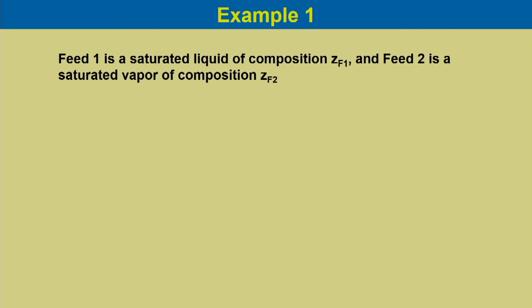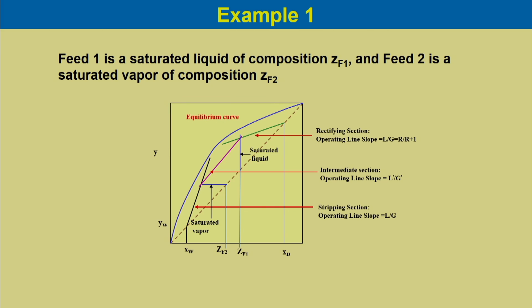We can plot the feed line, that is the Q line. Now, let us consider feed 1 is a saturated liquid of composition ZF1, and feed 2 is a saturated vapor of composition ZF2. As we discussed before, we know the rectifying section operating line, which is the balance equation for the rectifying section above the feed 1 entry, and we know the stripping section operating line equation, its slope and intercept, and now we know the feed condition.